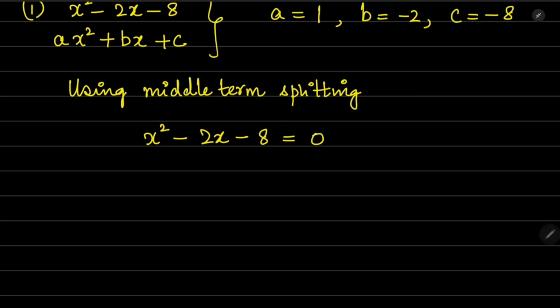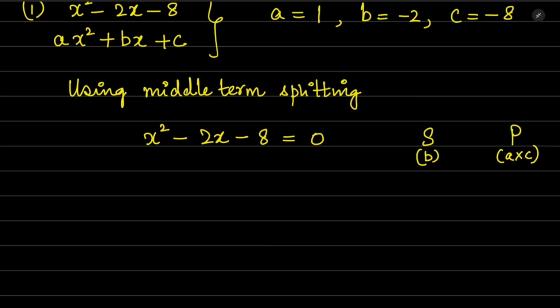Always remember, there are two things here. One is the sum and the other one is the product. The sum is nothing but your b. So what is b here? Minus 2. And the product is nothing but a into c. So you have to first pick up what the sum and what the product should be.